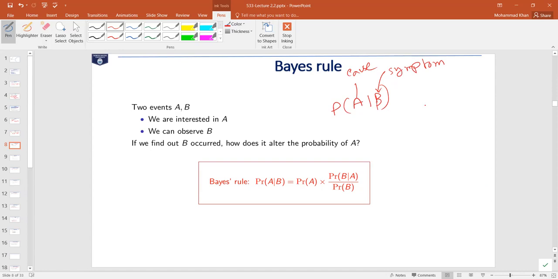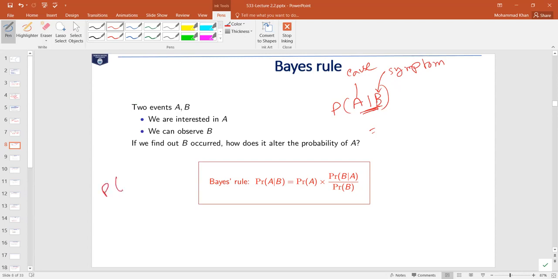Now we can find that using Bayes rule, and the Bayes rule comes from the conditioning formula.